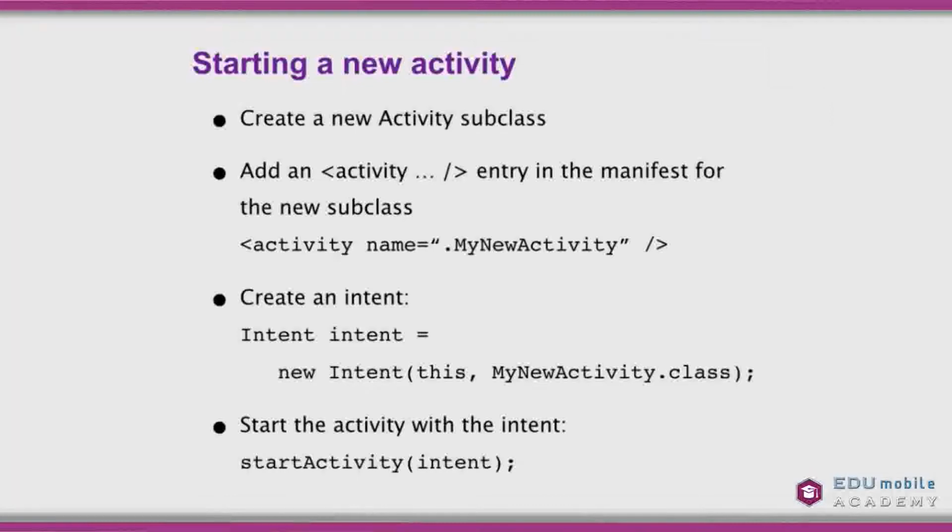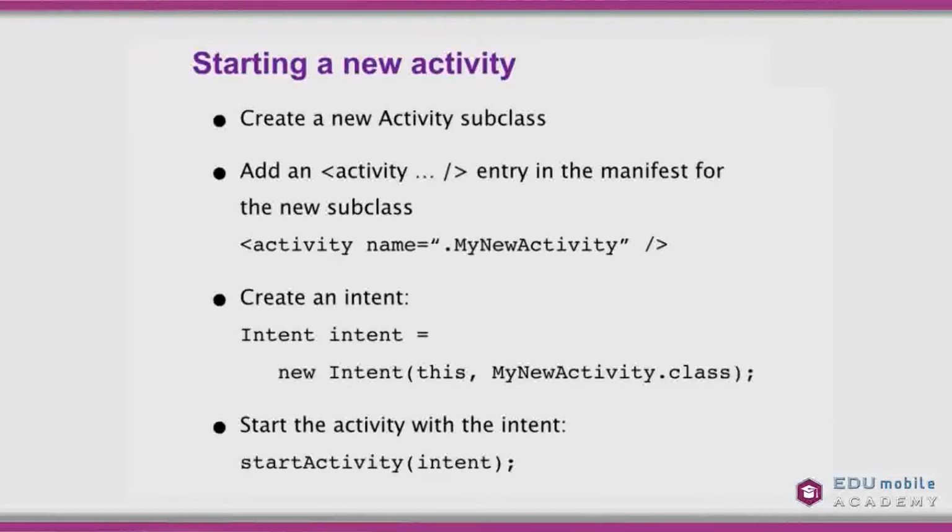Well, the first thing we're going to need is a new activity class. So this is some subclass of activity or one of its subclasses. Once we have that class, and let's say it's called My New Activity, we add an activity entry in the Android manifest file for this new subclass. This must be there if we intend to use an intent to start the activity.